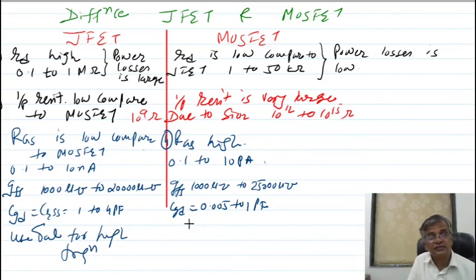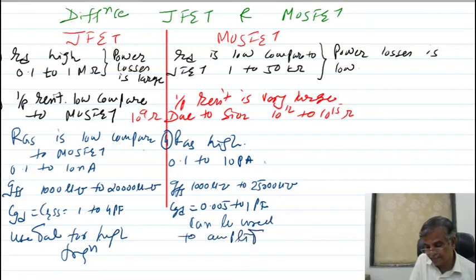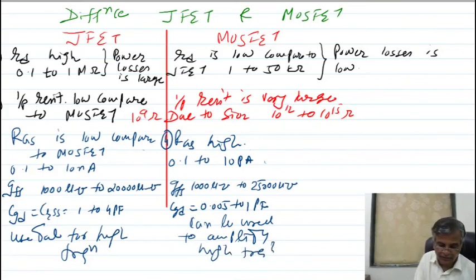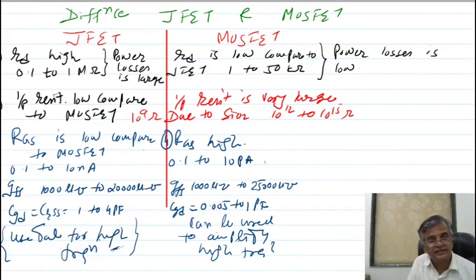But the high frequency range of MOSFET is higher; it can be used to amplify high frequency. Compared to MOSFET, the high frequency amplification of JFET is less. So this is the major difference between JFET and MOSFET.